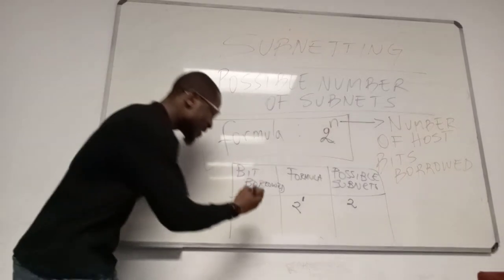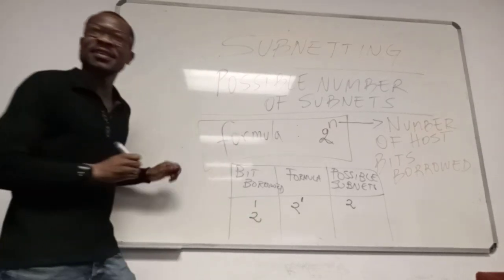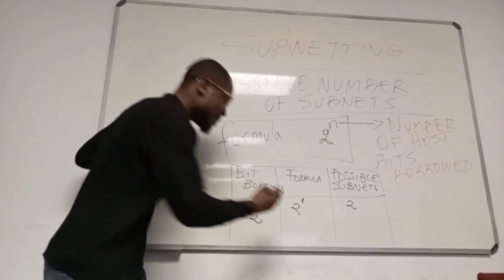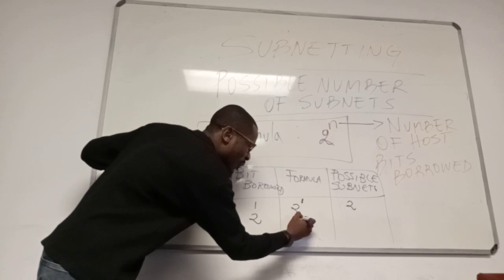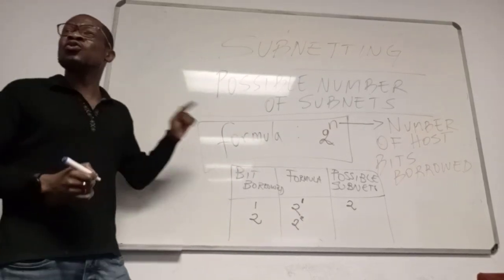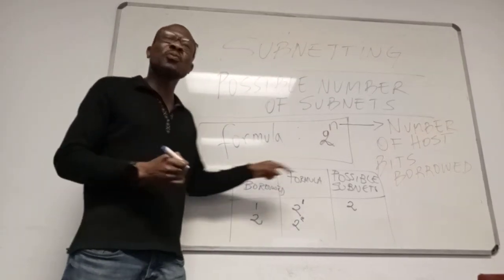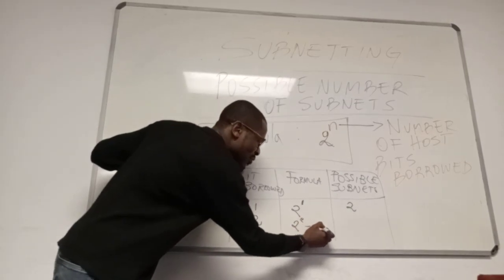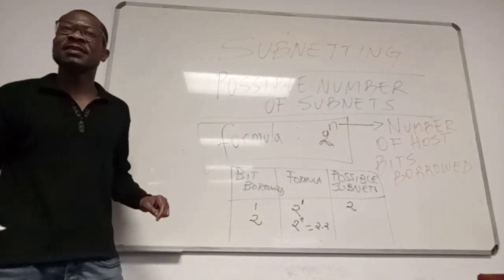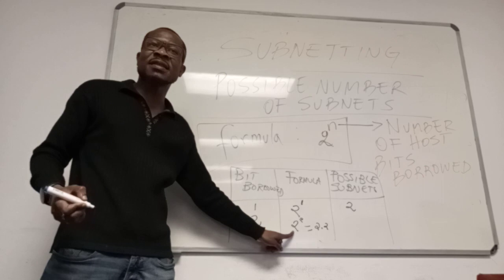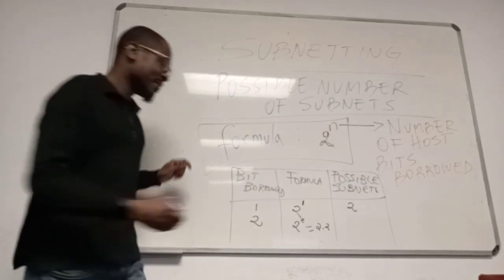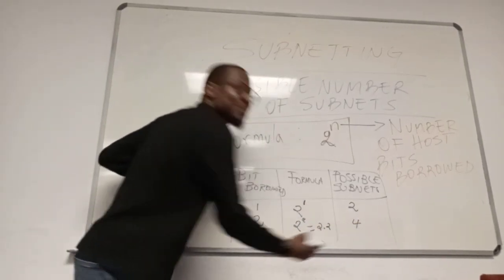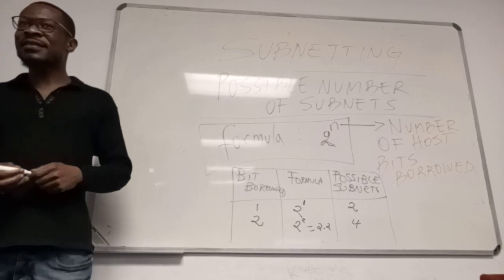When I'm borrowing 2 bits, the formula is 2 to the power of 2. 2 to the power of 2 means 2 times 2, you have to multiply the base 2 two times. That's going to be 4 subnets.